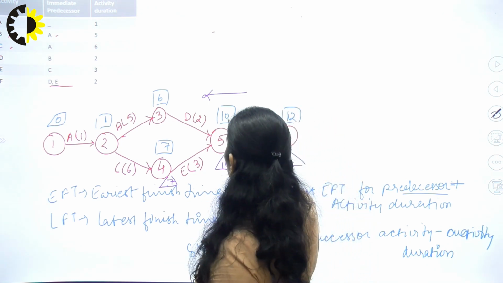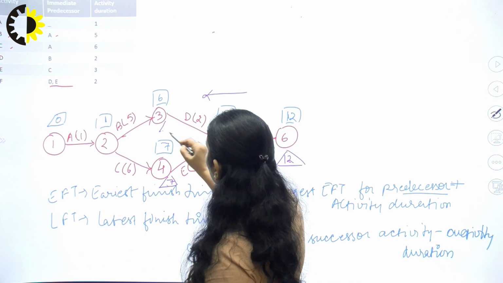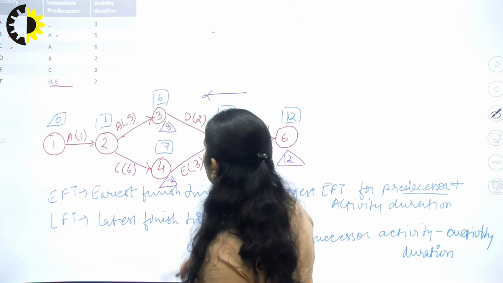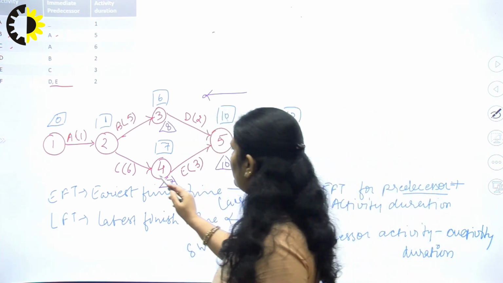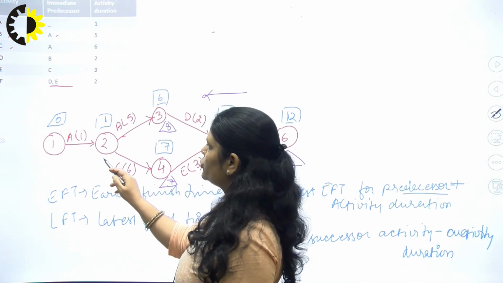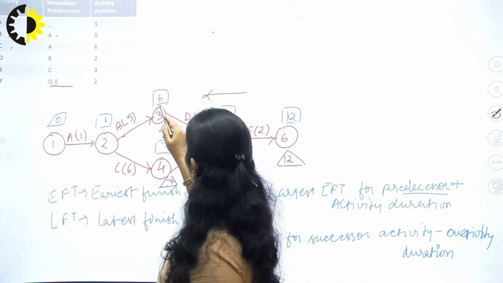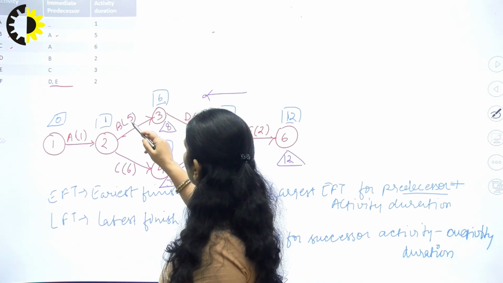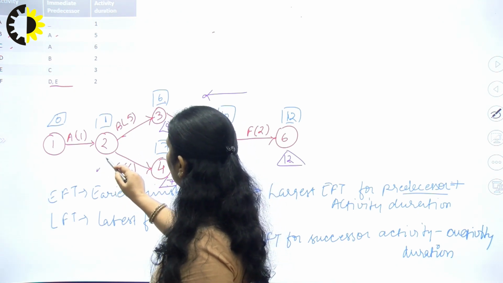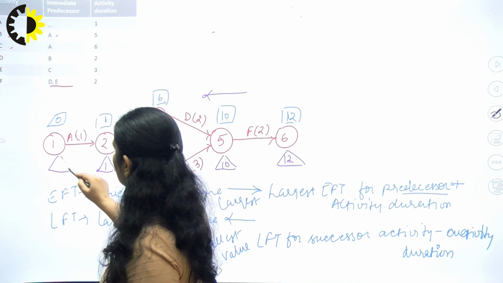For this activity, it will become 10 minus 2, so it will become 8. Here we can see 7 minus 6, it should be 1, and here 6 minus 5 is 1. And 1 minus 1 becomes 0 here.